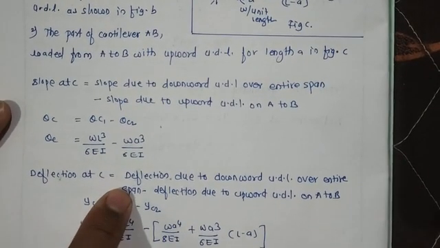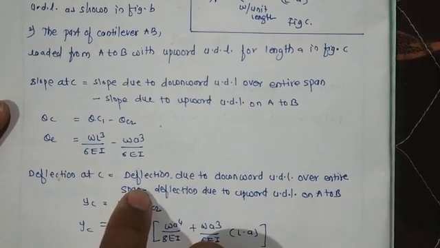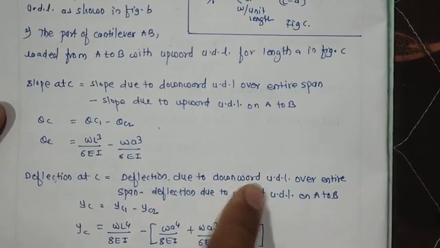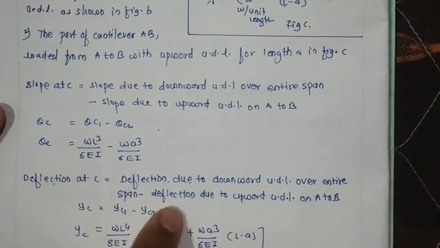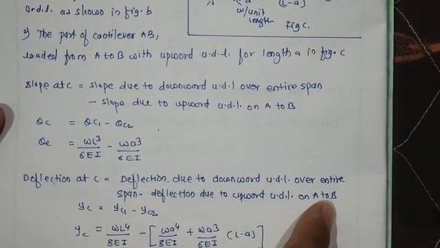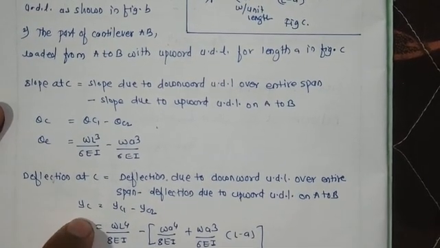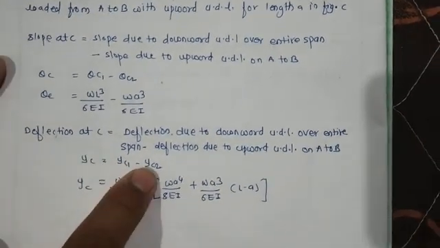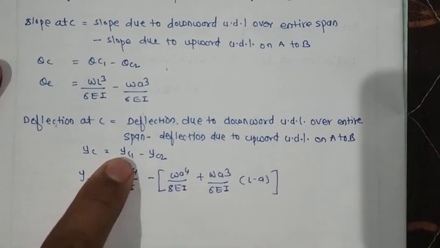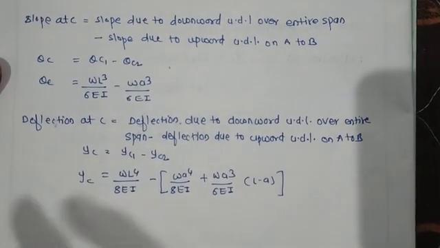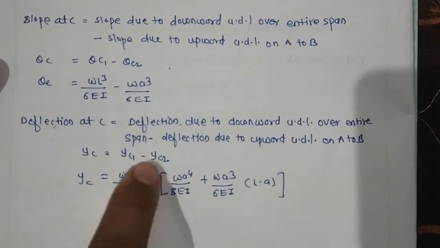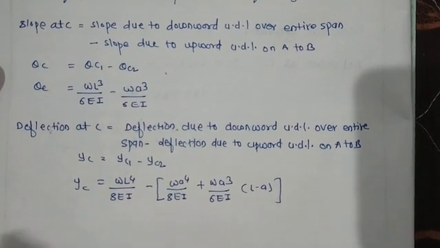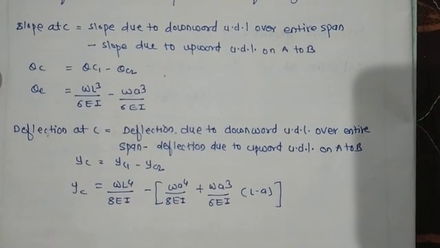Now the deflection at C is equal to the deflection due to downward UDL over the entire span minus the deflection due to upward UDL on A to B. So YC is equal to YC1 minus YC2. YC1 is the deflection due to downward UDL over the entire span, and YC2 is the deflection due to upward UDL on the A to B span.